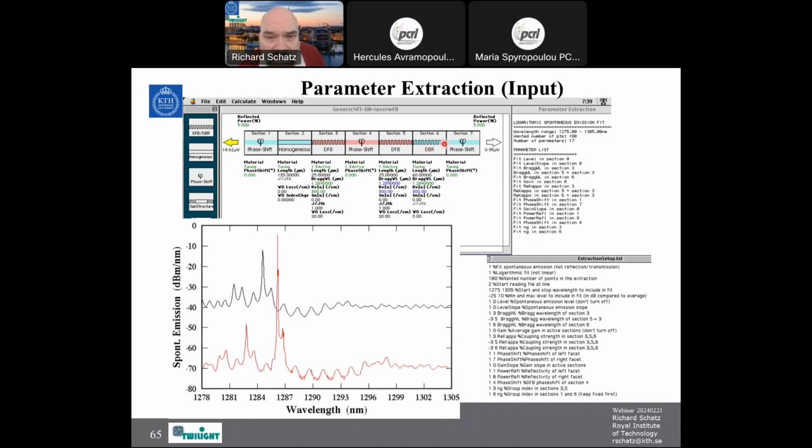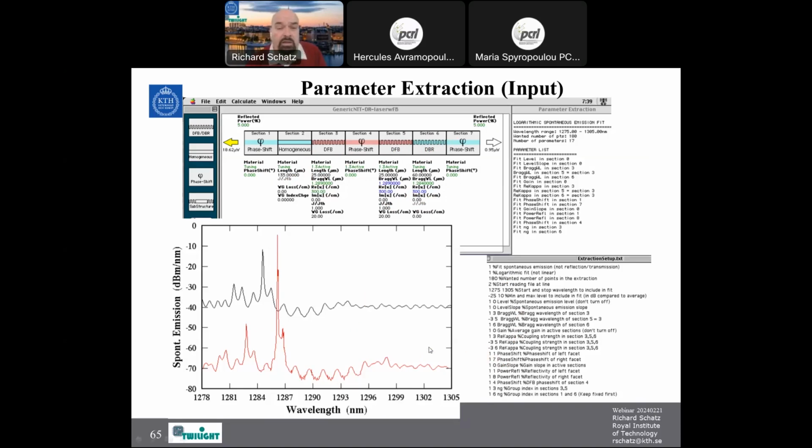the passive reflector here, and also the Bragg frequency here. And so I try to adapt all these parameters to get the best fit possible. But it's numerically done by using both Powell's method and the Levenberg-Marquardt method.